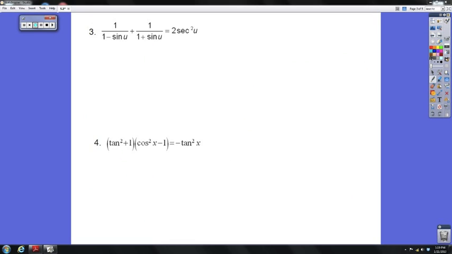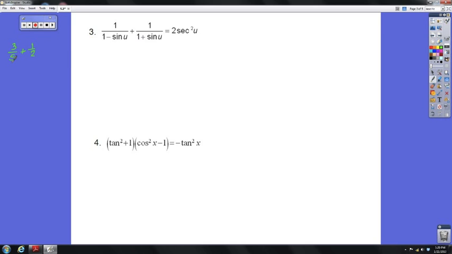Right, number 3 is going to involve finding a common denominator. And before we do that, I want to show you something with finding a common denominator of just plain old fractions. Okay, I'm going to write 3/5 plus 1/2, and let's look at finding a common denominator the old way, and then I'm going to show you a little shortcut which I'm going to use when we do the trig functions here.